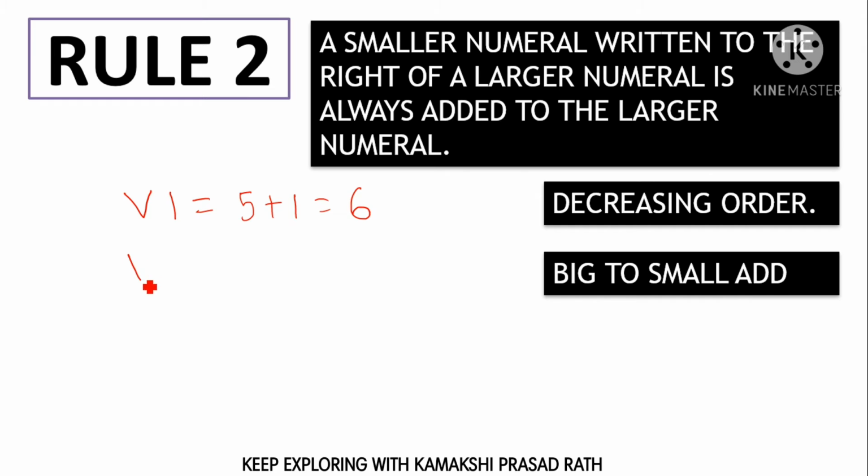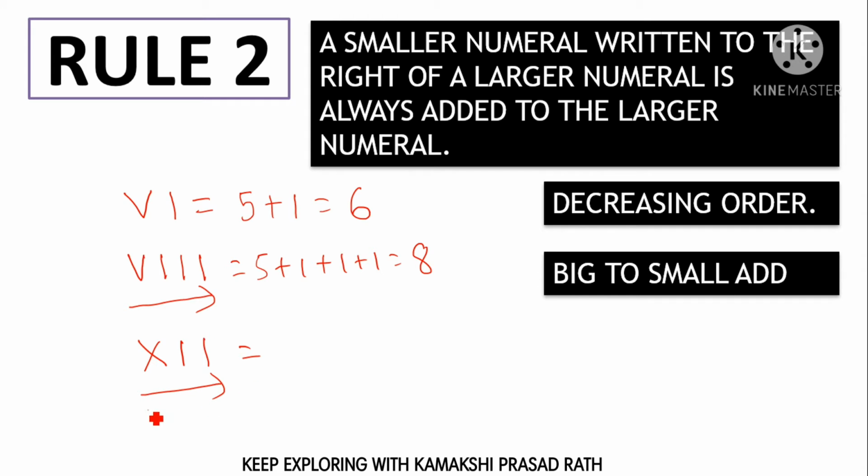Similarly, suppose I write VIII. What I have done is we are going in decreasing order, from big to small. So 5 plus 1 plus 1 plus 1 gives 8. Next, suppose I write XII. Again same thing, from big to small, in decreasing order. So when the numerals are in decreasing order, 10 plus 1 plus 1, we get 12.